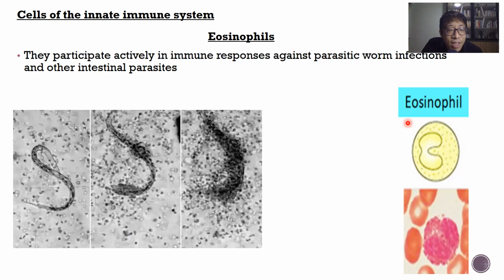So a diagram here showing this parasitic worm inside the body, and you see it is swarmed by all these different cells. Most of them would be eosinophils. Some are neutrophils and macrophages as well, but mostly eosinophils.